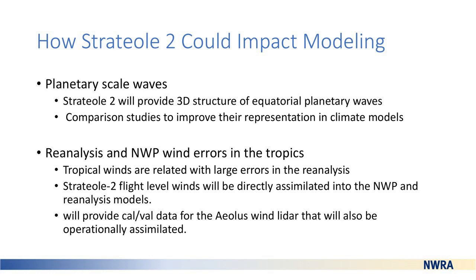However, the vertical structure of these waves is not resolved due to a resolution of about 5 kilometers in the vertical in the climate models, and this can lead to large errors in the representation of these waves. With the highly resolved 3D observations of the Strateole-2 campaign, we would have a new data set available for comparison studies to improve their representation in the climate models.